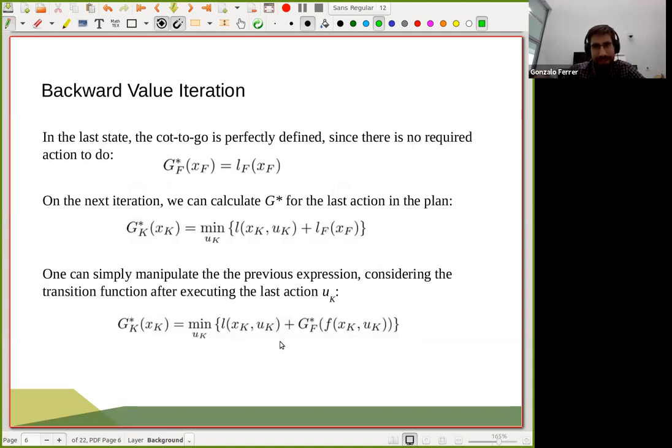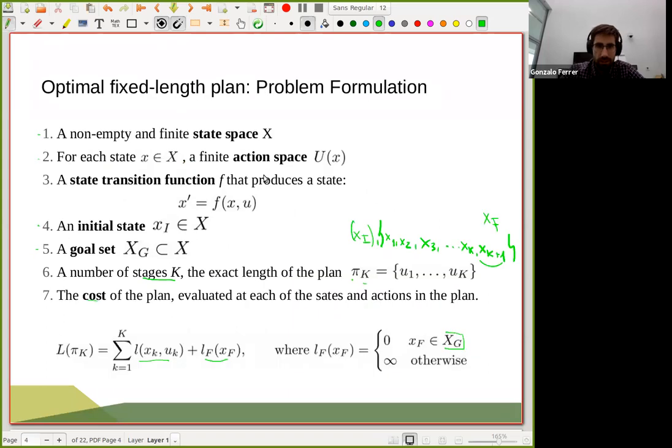So what can we do? The easiest thing to do at the beginning is evaluate trajectories of length 0. Length 0 means that you evaluate all possible values of the final state, and then the result is going to be very simple, right? It's just evaluating the cost of this directly.